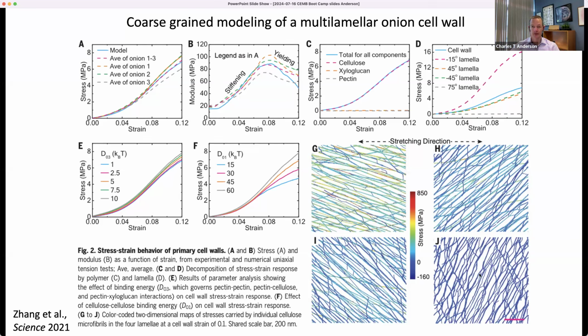Whereas the cellulose that's arranged more perpendicularly to that stress direction is not experiencing a whole lot of stress. So one of the things that they observed when they did this in silico stretching experiment is that the cellulose tended to slide, right? The cellulose, first of all, tended to bundle a little bit, even in the primary wall, and then that cellulose tended to slide relative to itself.